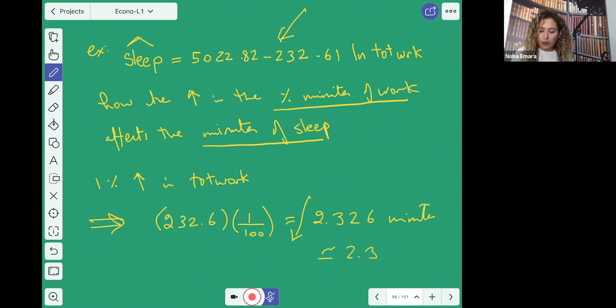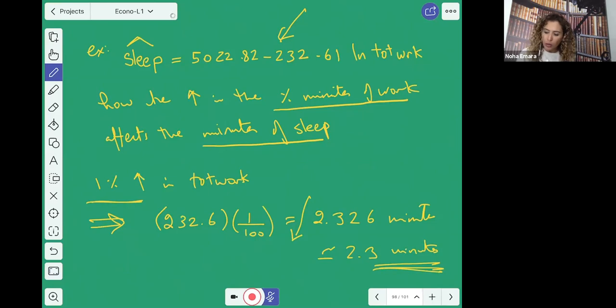Notice that when we write our analysis of these types of models, I have to make it very clear that x is in percent, so that's why I'm saying 1%, and y is linear. Otherwise, when I'm grading your work, I'm confused whether you actually understand it or not.